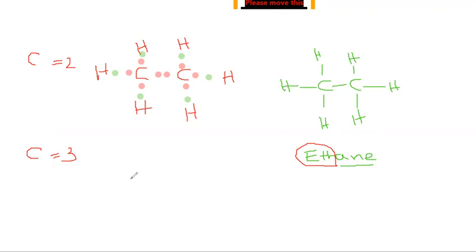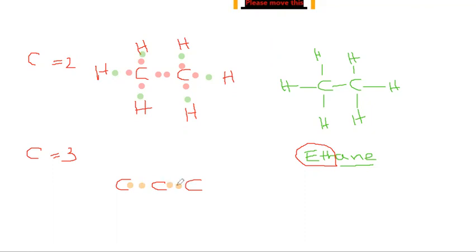In a similar way you can just increase one carbon atom over here, and then place the bonds between the carbons. Even you can calculate at the end, it will satisfy the total number of valence electrons, 24.